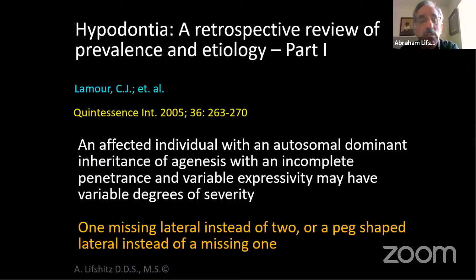Lamour in 2005 stated that an affected individual with an autosomal dominant inheritance of agenesis with an incomplete penetrance and variable expressivity may have variable degrees of severity, meaning that instead of having two missing lateral incisors, one may have one missing lateral incisor, or a peg-shaped lateral incisor instead of a missing one.